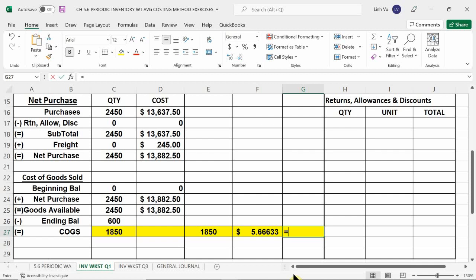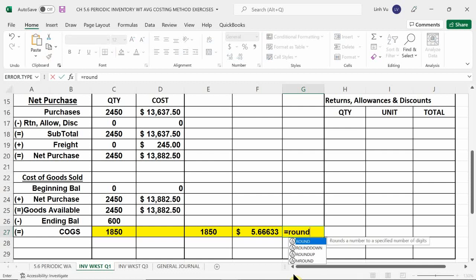You're going to punch in equal ROUND, okay? Of course, you could either tab it to activate the formula that you're looking for, or you could just put a parenthesis in there. Now that I have my formula activated, what numbers do I need to put into my arguments for this formula to work?